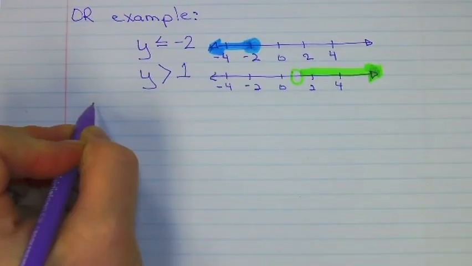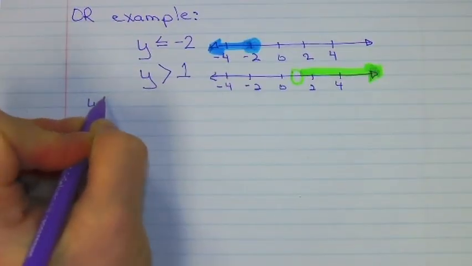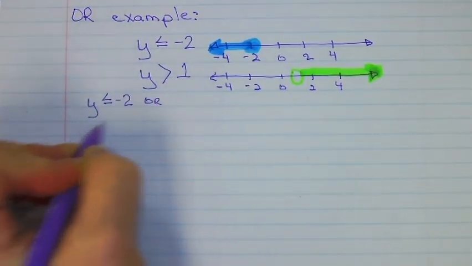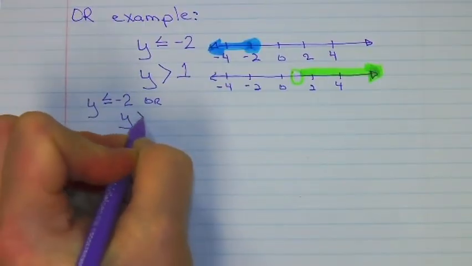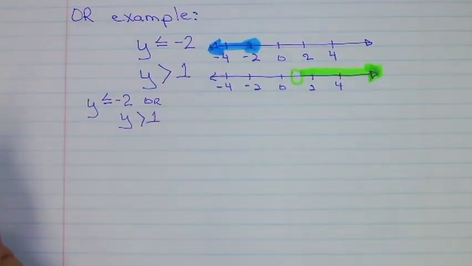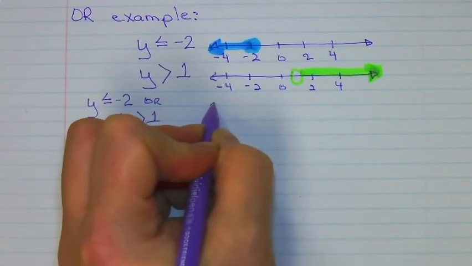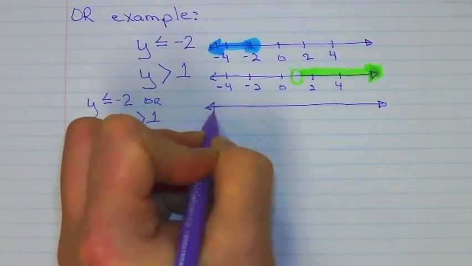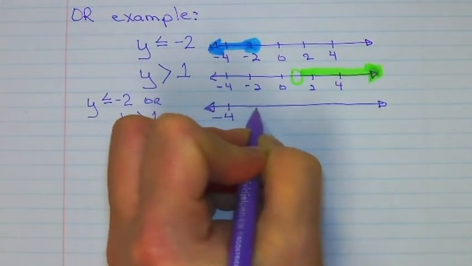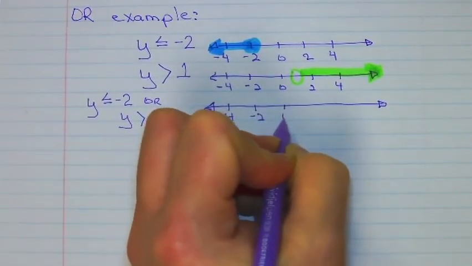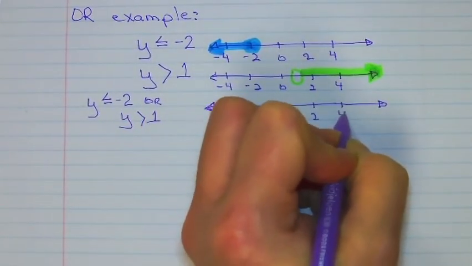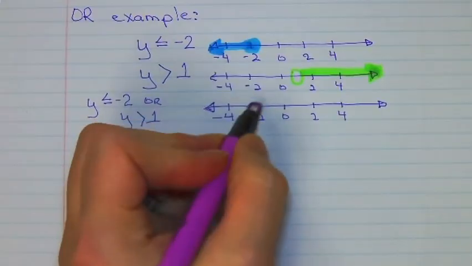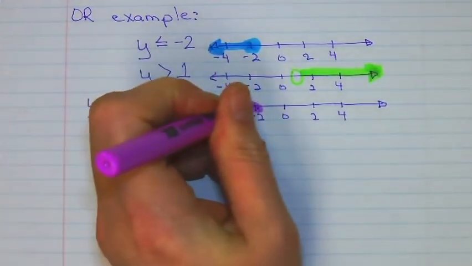Now we're going to say y is less than or equal to -2, or y is greater than 1. So this time, using the same scale, we're simply going to copy both of them.